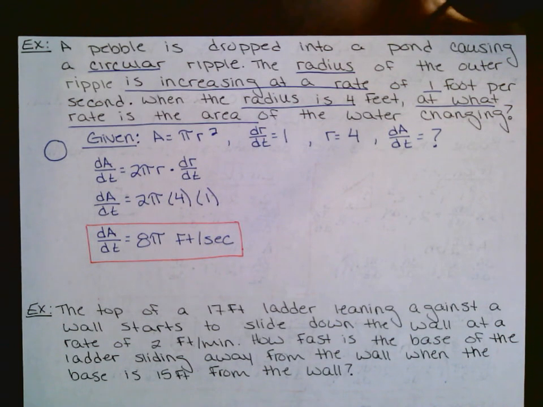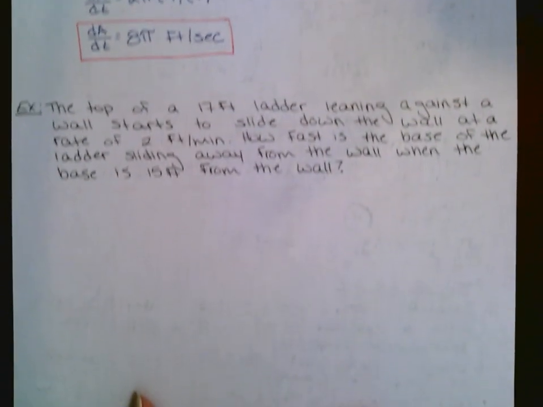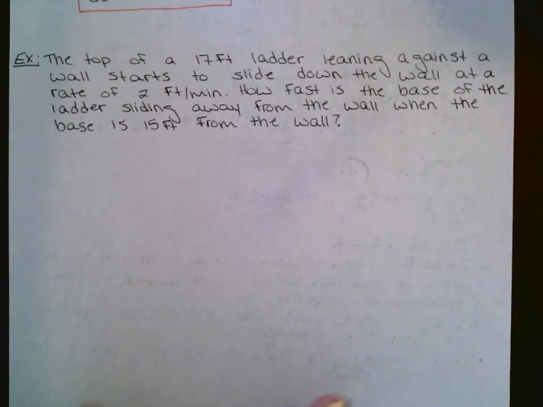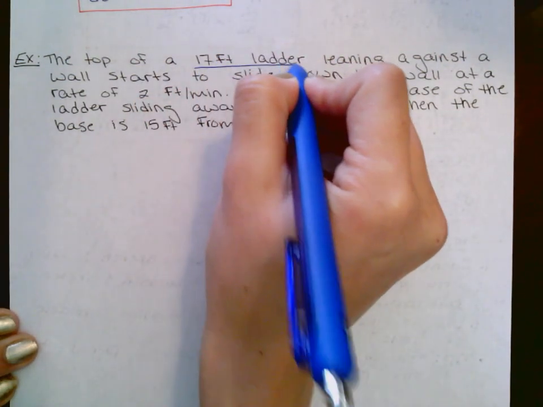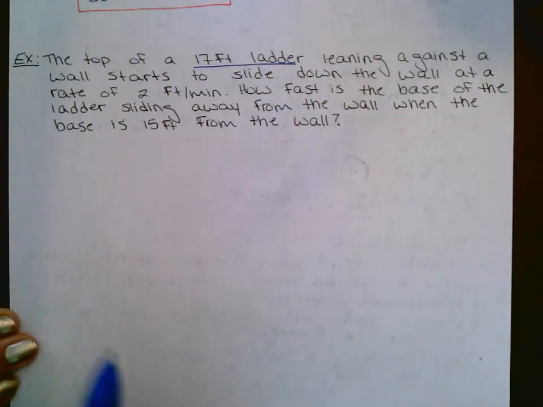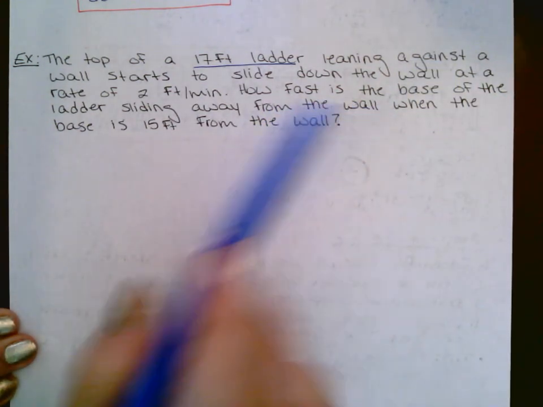Let's take a look at this next one. The top of a 17-foot ladder. So far we know this ladder is 17 feet. The top of it is leaning against a wall and starts to slide down the wall.